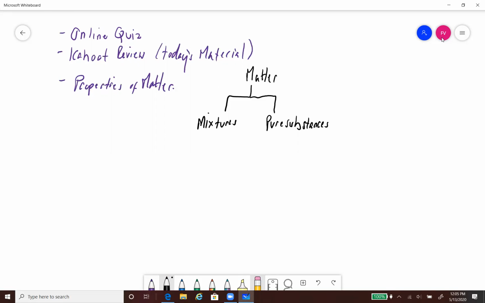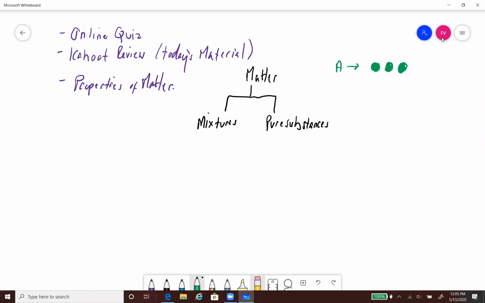A pure substance is something that, imagine you have a substance, we'll call it A. We look at A through a special microscope, and we can see that A is made up of only one type of particle, which I'm going to draw as a green dot. So all of the particles that make up A are little green dots. That would mean it's a pure substance.